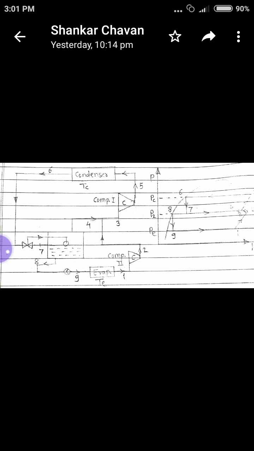When we supply this liquid refrigerant to the evaporator, again in between, the expansion of that refrigerant takes place. If the refrigerant gets expanded 2 times, its temperature decreases very low, and it produces more cooling effect in the evaporator.